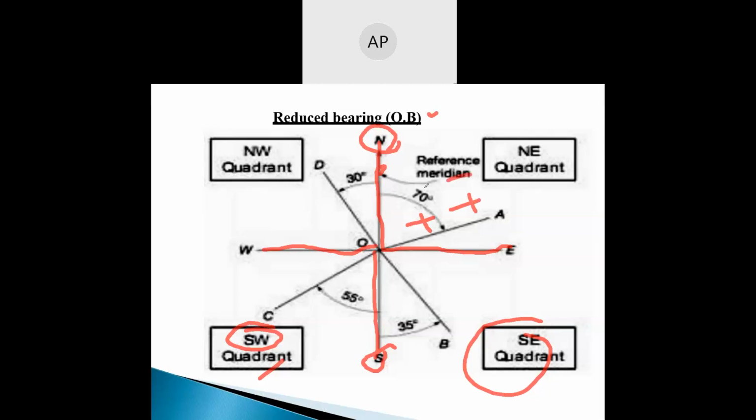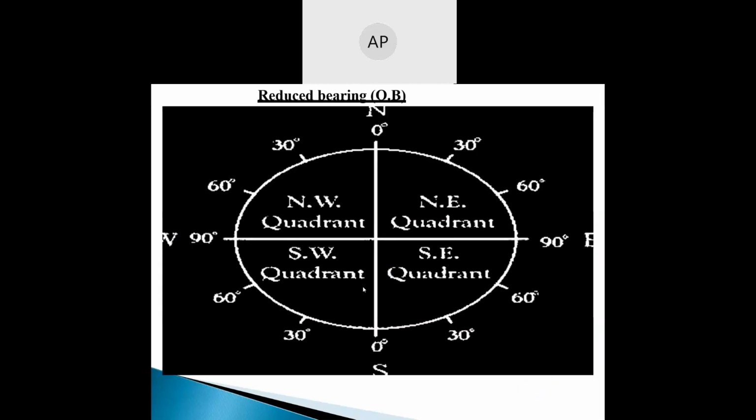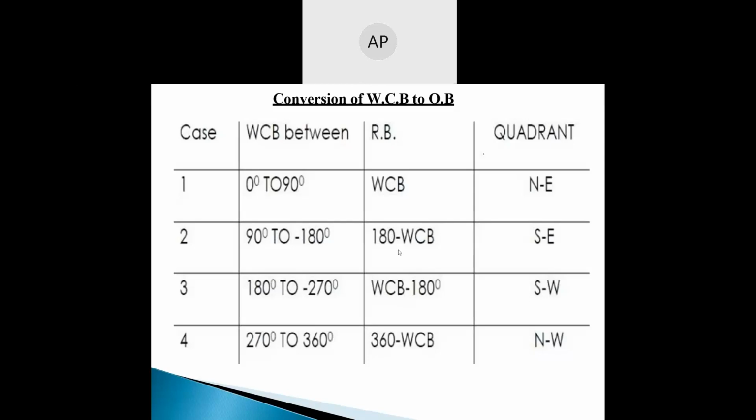In northeast it is plus plus. Here it is plus and minus. And here minus minus.